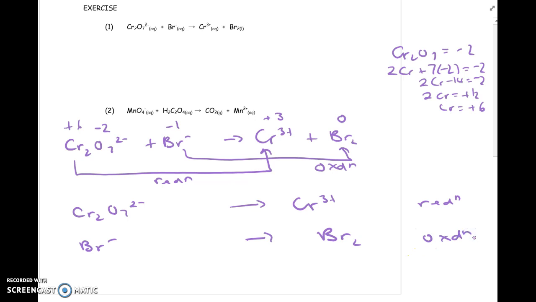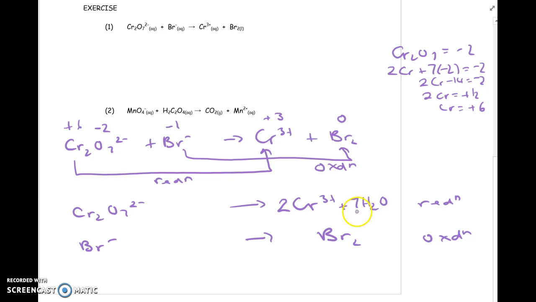So I'm going to go through now and balance. I can see here I'm balancing for matter other than oxygen and hydrogen. It's got 2 chromium here, so I need to put a 2 in front there. This side has got 7 oxygens, so I'm going to add 7 water.